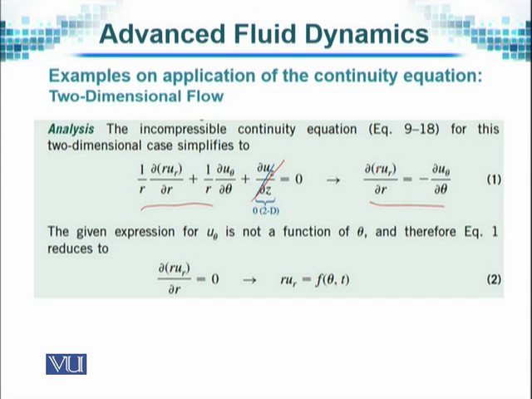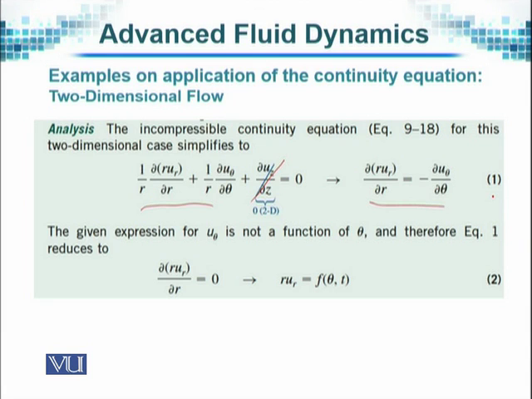Since we have to calculate ur, what we want to determine we keep on the left hand side and take the other terms on the right hand side. If we do that, then we integrate with respect to r, because we want to calculate ur.